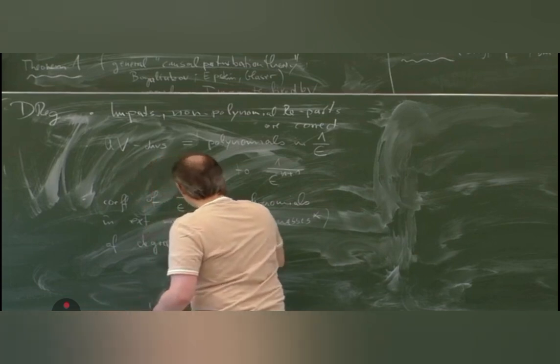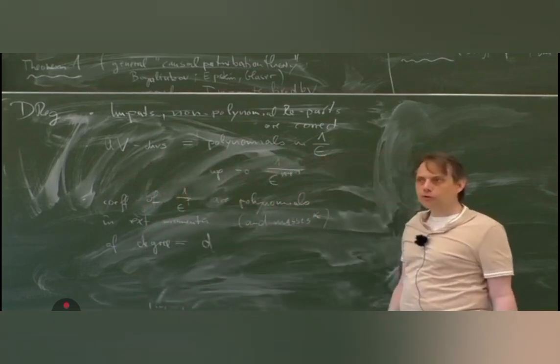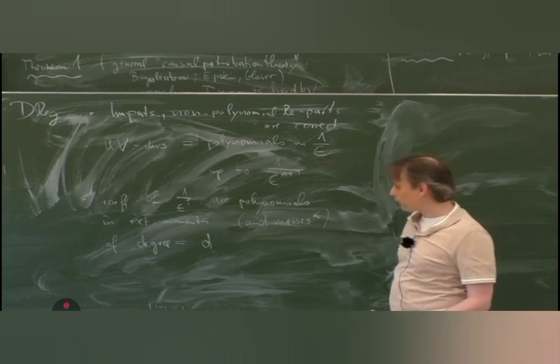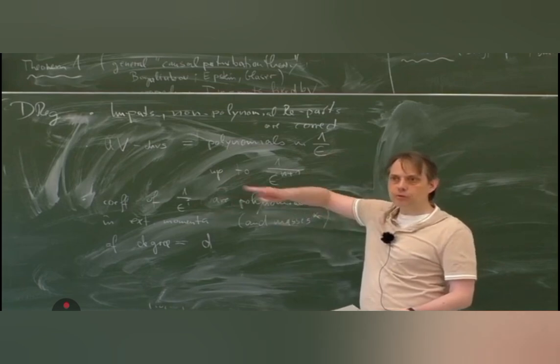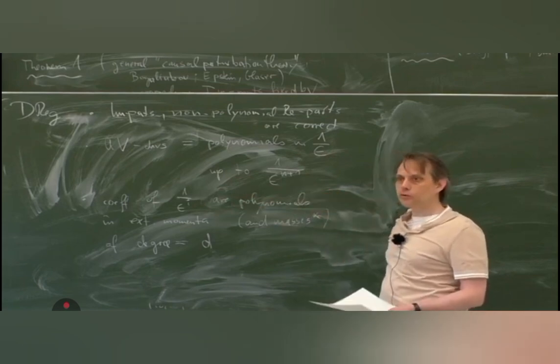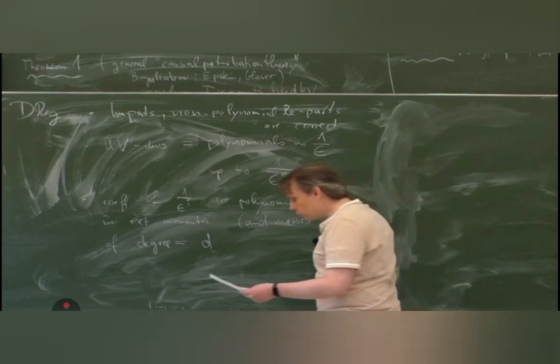The degree of the polynomial is simply the overall degree of divergence of the entire Green function, by simply counting all factors in the numerator and all factors in the denominator, collecting all loop momenta simultaneously.